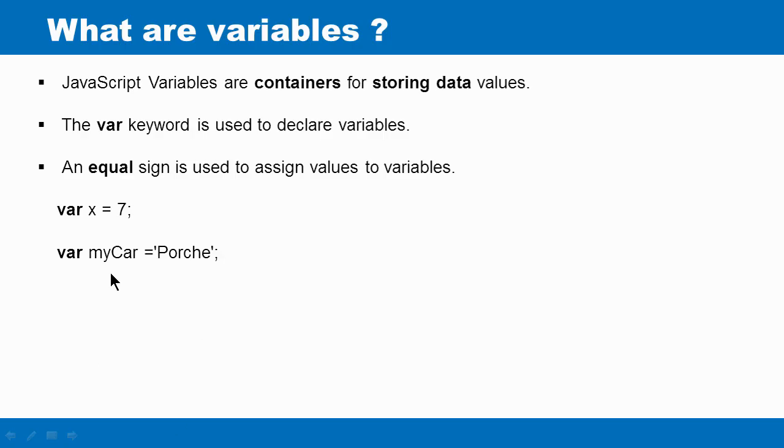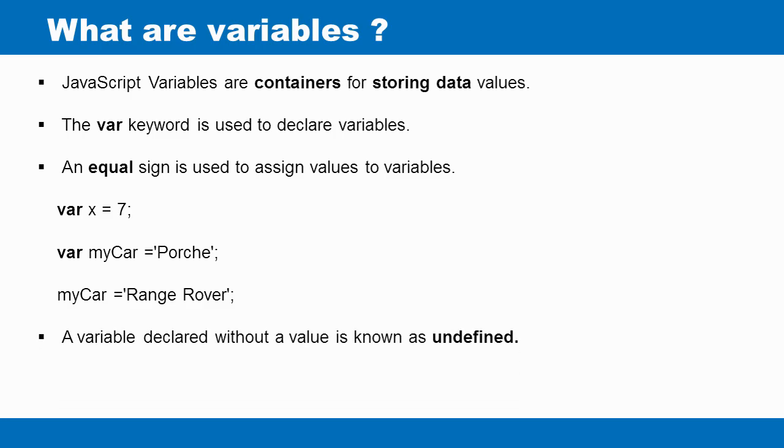If I wanted to change the value from Porsche, for example, to a Range Rover, all I need to do is call the variable by name and assign it a different value. So that way I've already changed the value. Once you've declared the variable, you can change the value. A variable that is declared without a value is known as undefined.